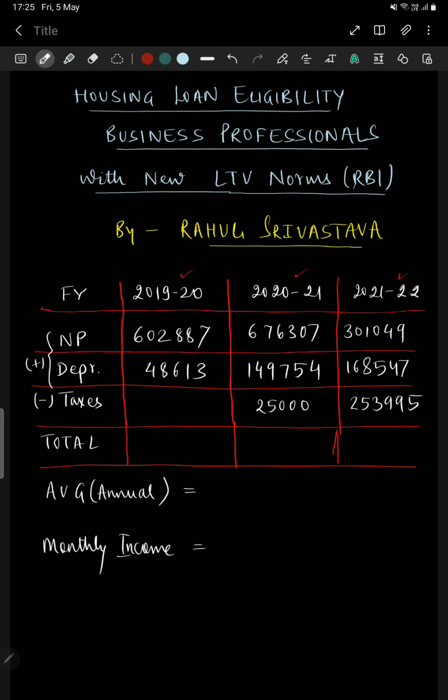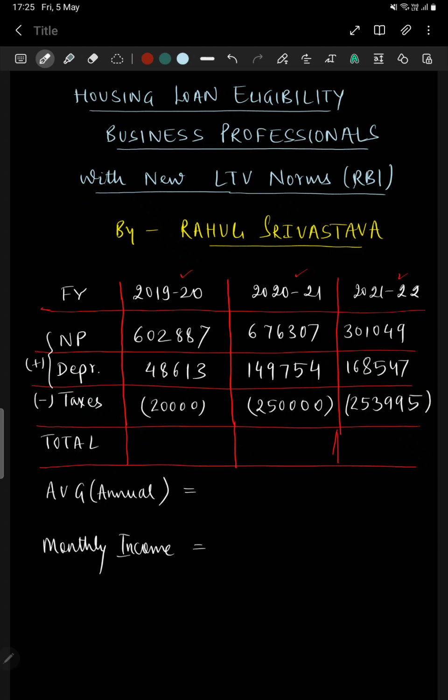Okay, 2,50,000 rupees. And same way suppose for 19-20 it is 20,000 rupees. This is just an example to make you understand. Okay, now what I have told earlier, we have to add the net profit and depreciation, and from that total addition we have to subtract the taxes amount. If the taxes amount is nil, then we have to simply put 0.